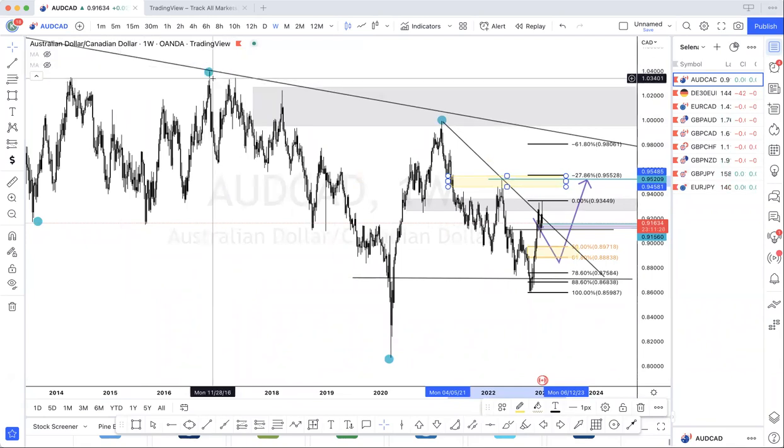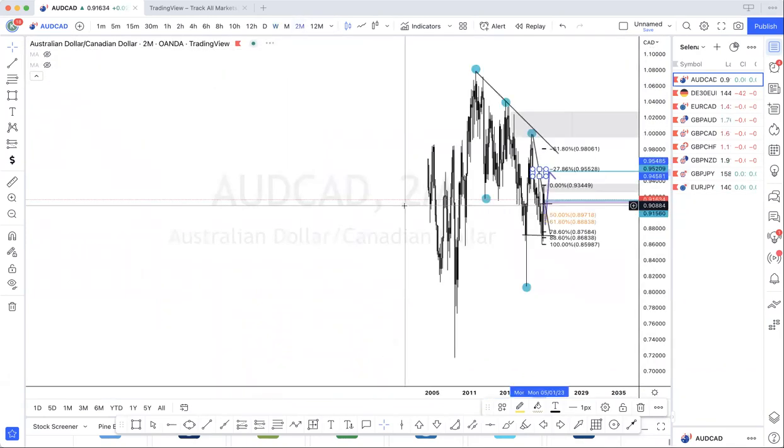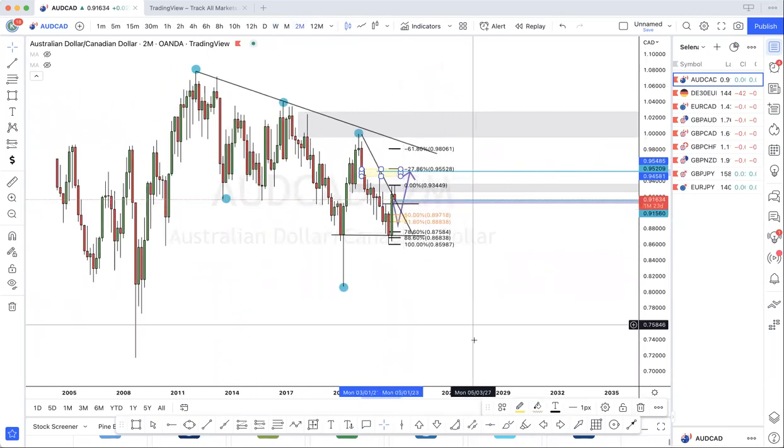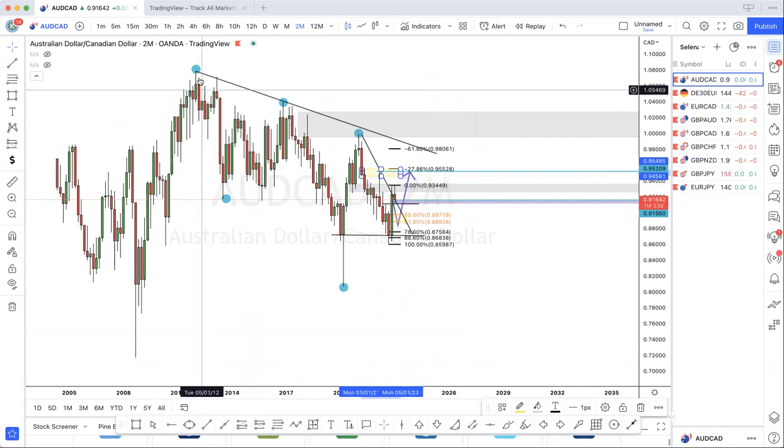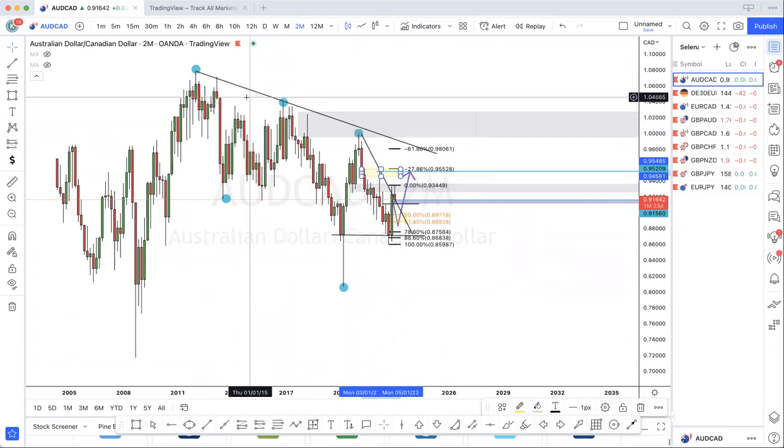No. I identified these when I was on the 2-month. I just took this little marker here and identified the major swing highs and the major swing lows. So the major swing highs are the macros, right?